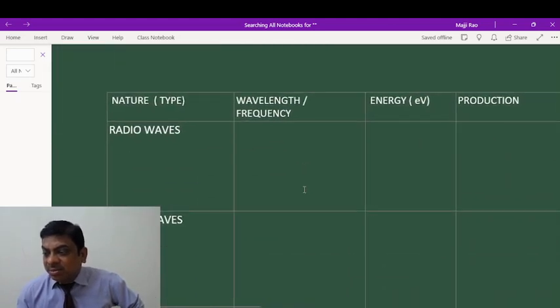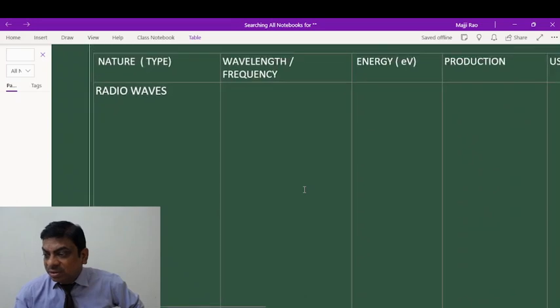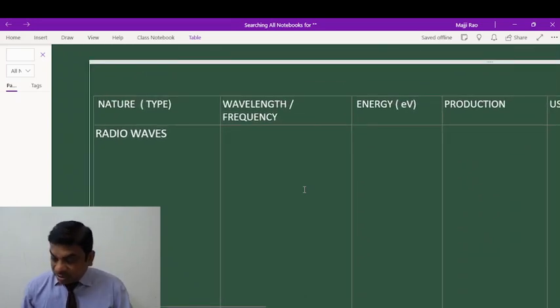So here come the radio waves, first and foremost. This is the first, radio wave, starting from the bottom.